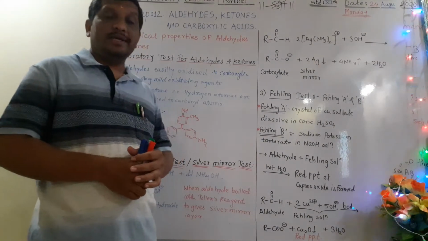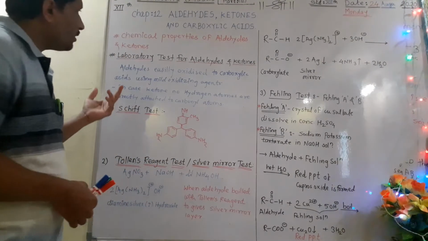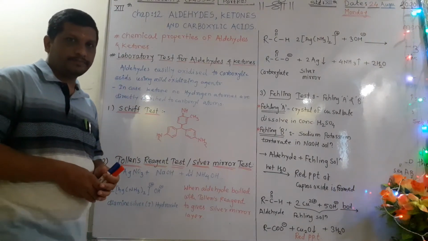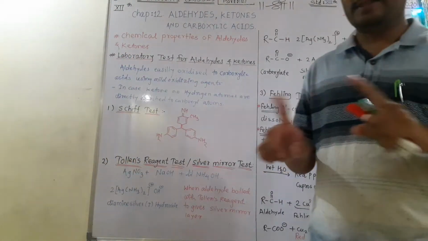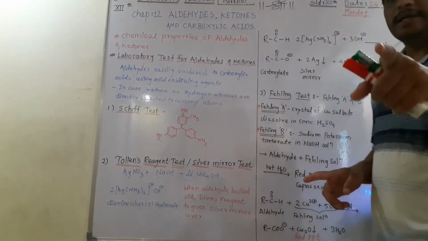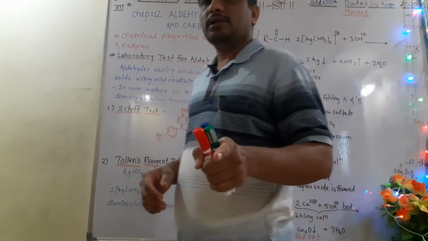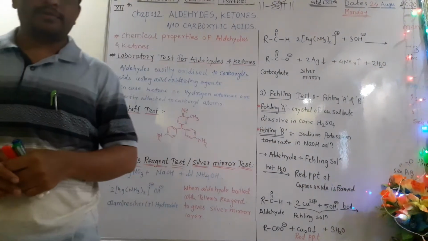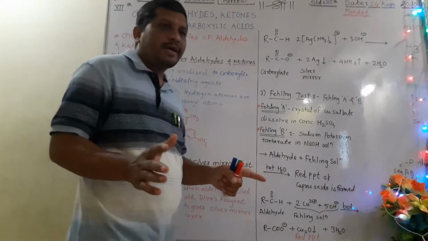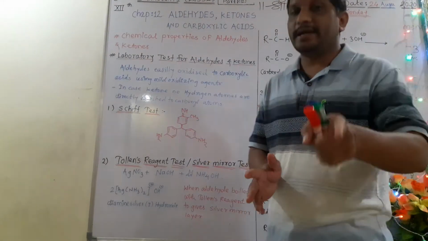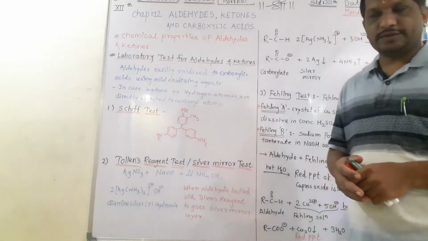Aldehydes are easily oxidized to carboxylic acids by using mild oxidizing agents, but ketones are not easily oxidized by mild oxidizing agents, because ketones do not contain a hydrogen atom directly attached to the carbonyl group.